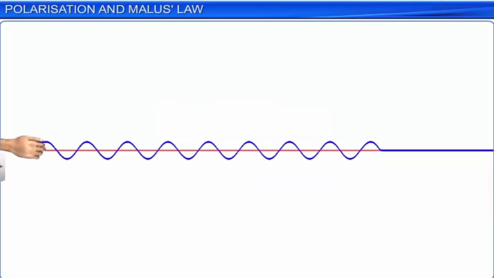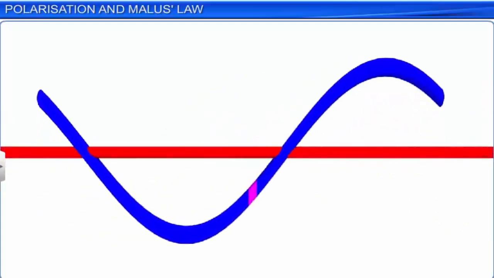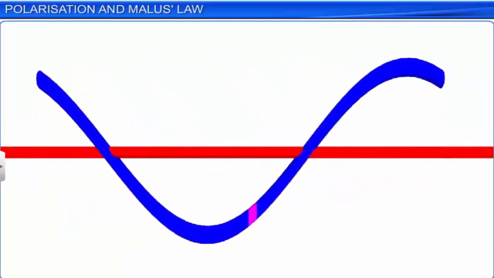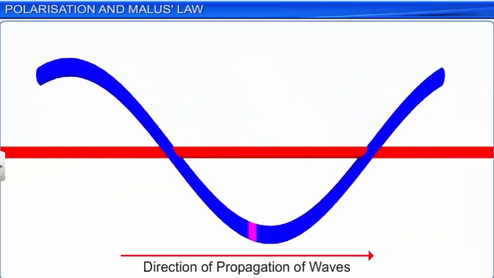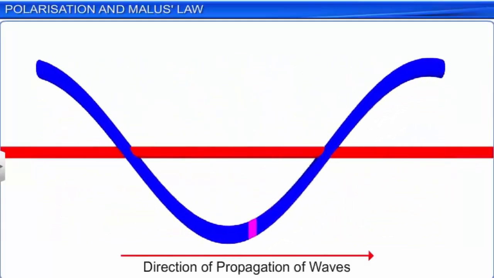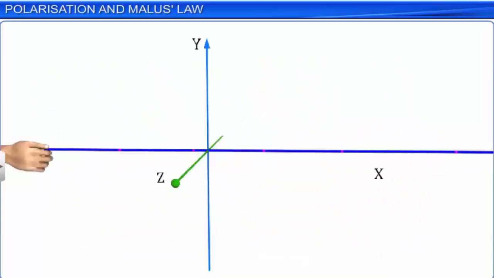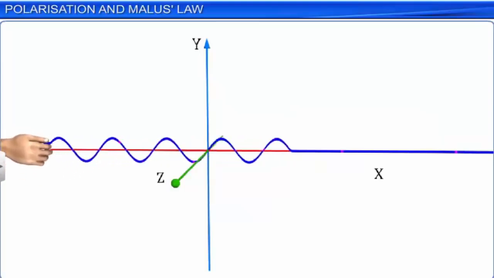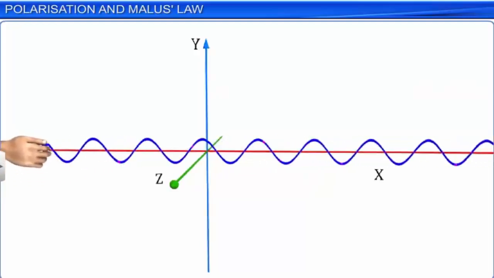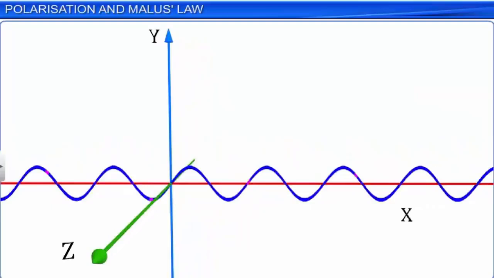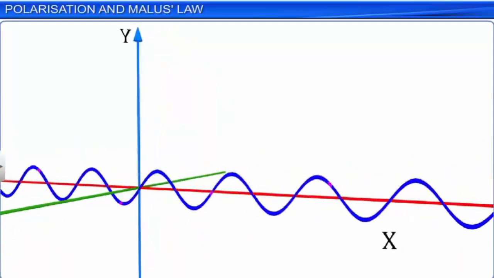For example, waves on a stretched string are transverse in nature. An element of the string oscillates about its equilibrium position, perpendicular to the direction of wave propagation. Let us assume that the string is along the x-axis and its free end is moved up and down along the y-axis. The waves generated propagate along the x-axis and the displacement of any given element of the string is along the y-axis.